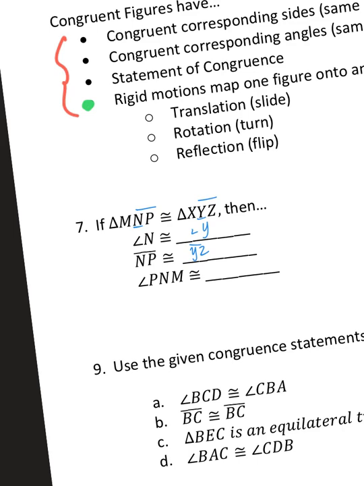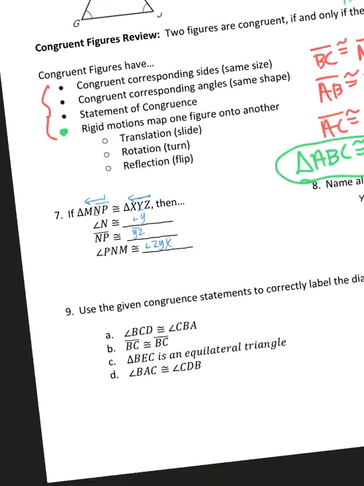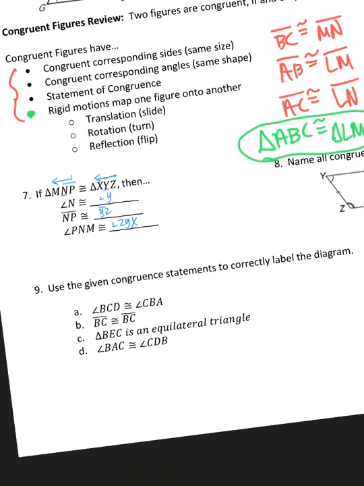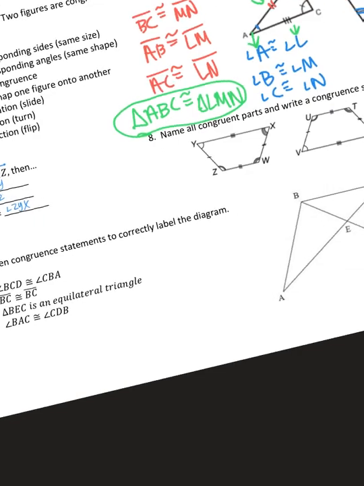And angle PNM, moving backwards, right, is going to be congruent to, we're going to start here and move backwards also, angle ZYX. Okay, so using the congruence statement, we know exactly what corresponds and what's congruent to each other.